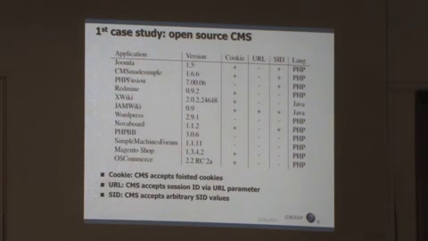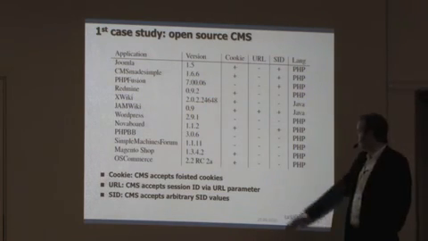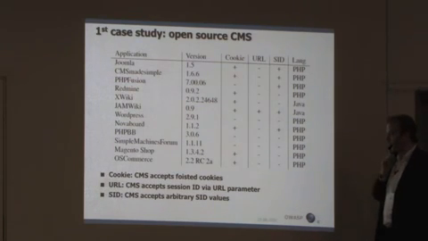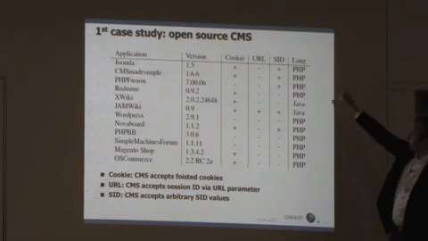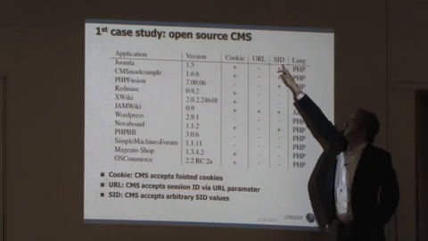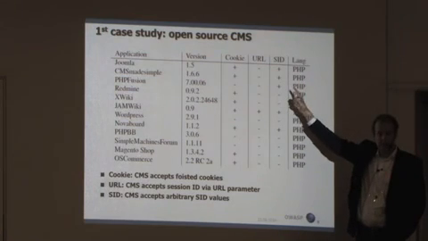So these are the looked at content management systems, like Redmine, Joomla, some open source shopping sites, mostly written in PHP. If you look at this, the session ID means the web application does not generate a session ID.